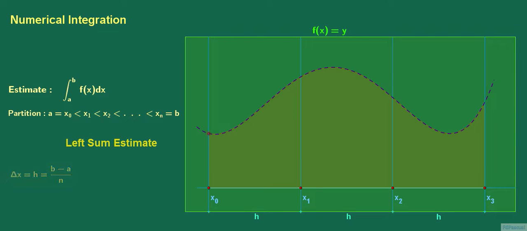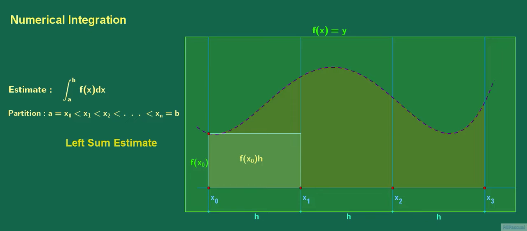For the left sum estimate, we take the y value at the left endpoint of each subinterval and multiply it by h. In the case of a continuous and non-negative function, as what is shown on the screen, the y value at the left endpoint multiplied by h represents the area of a rectangle.